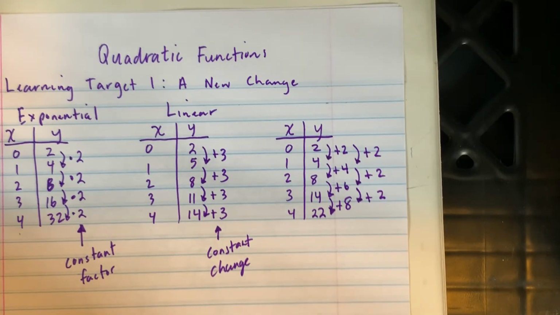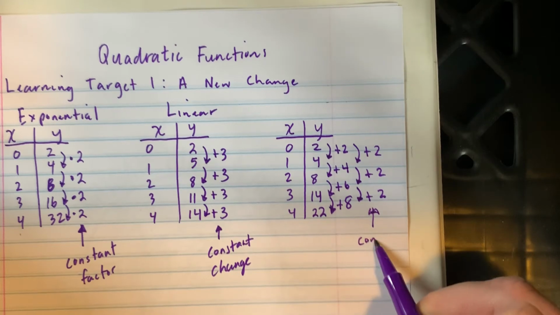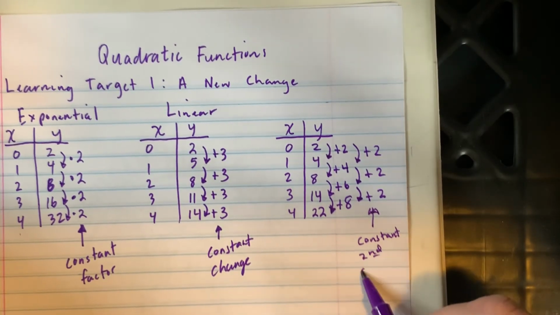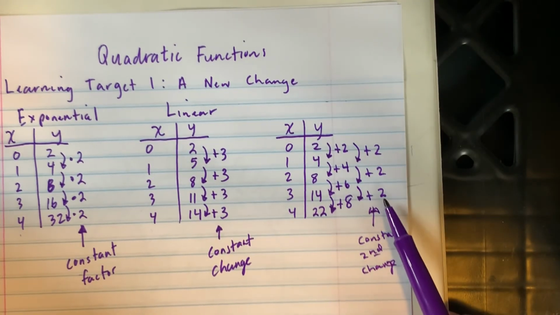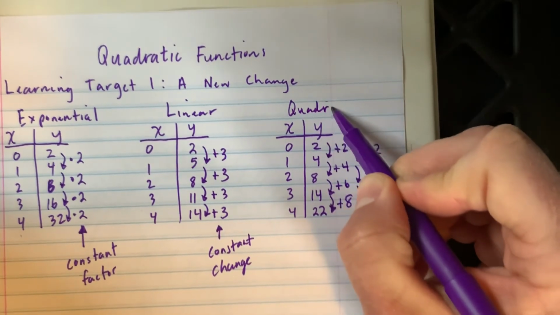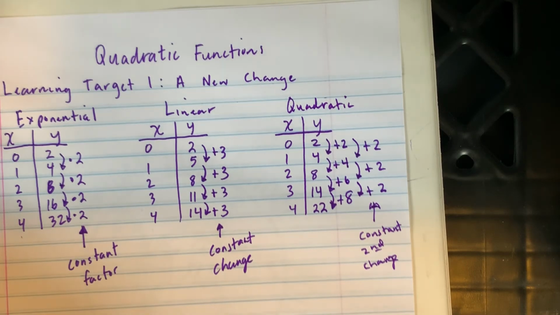So we'll call this a constant second change. And if we see a constant second change, this is a quadratic function. So we can identify a quadratic function from a table if the second change is constant.